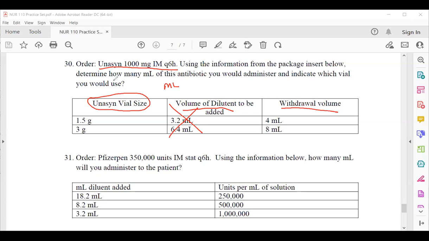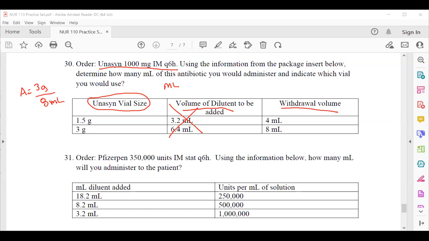My available is going to be either the 1.5 or the 3, so I'm just going to do 3 grams per 8 ml. That's my available.